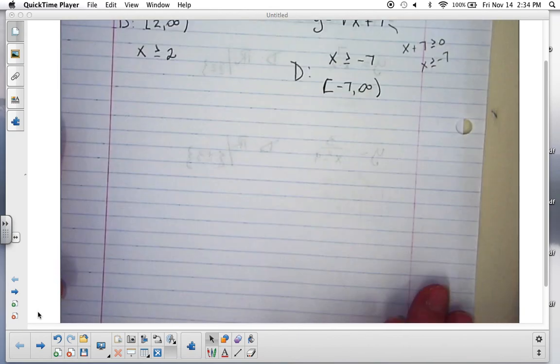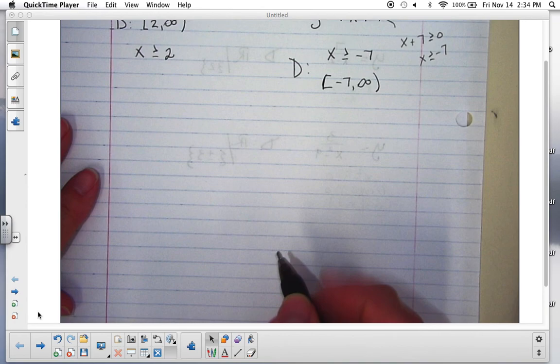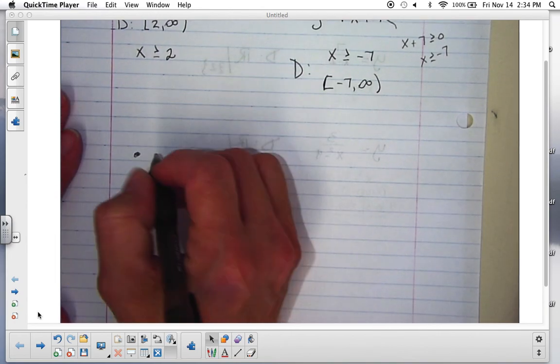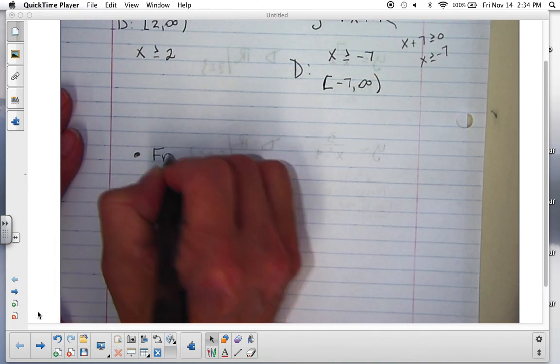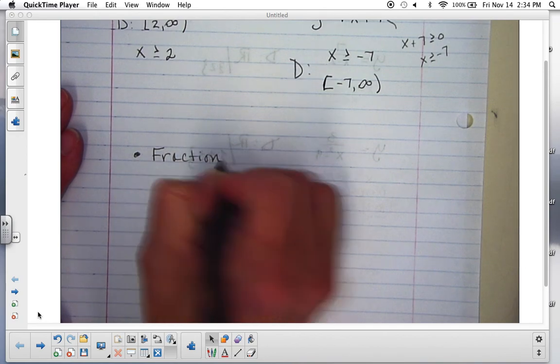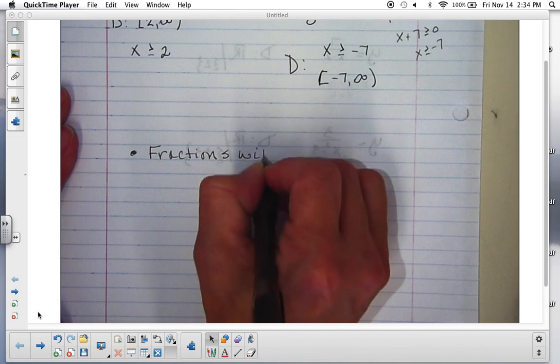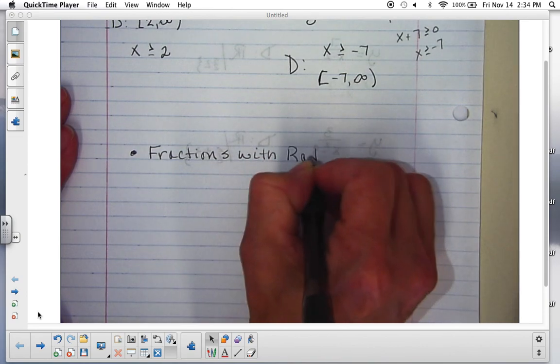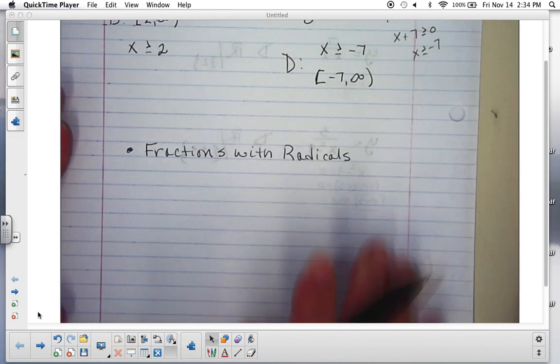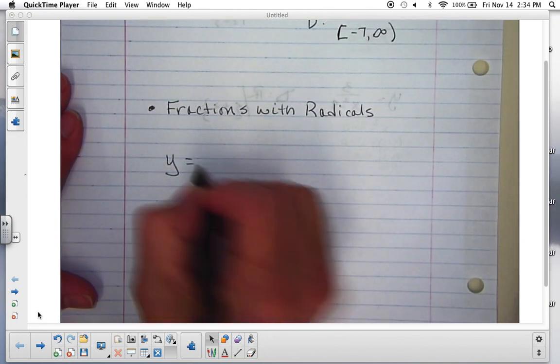All right, our last restricted domain situation is fractions with radicals on the bottom. So the first one was fractions, the second one was radicals, and now the last one is fractions with radicals on the denominator. So that would be a graph that looks something like that.